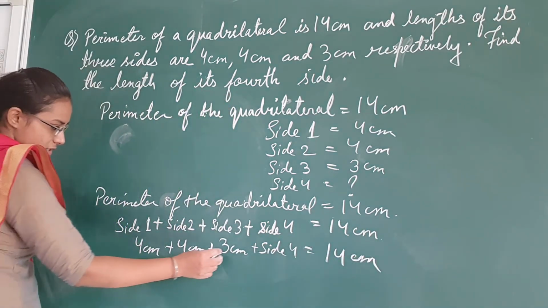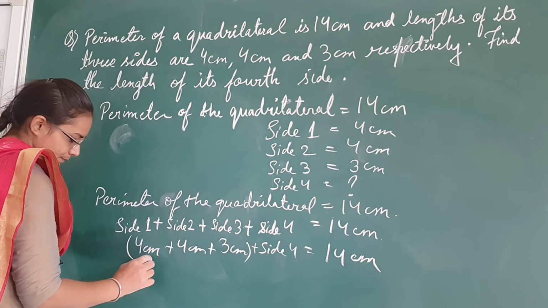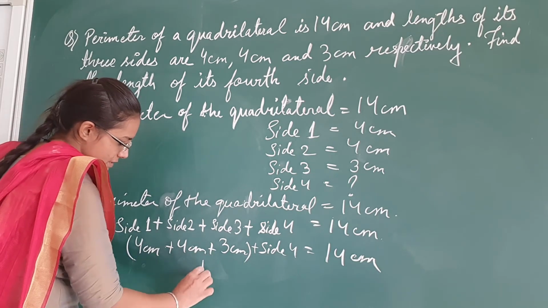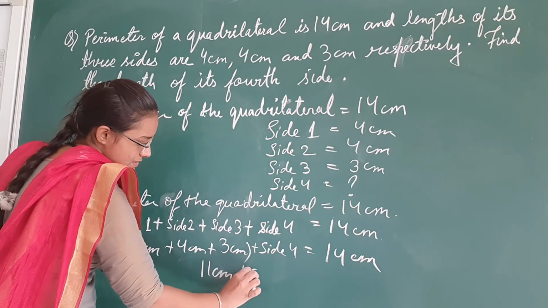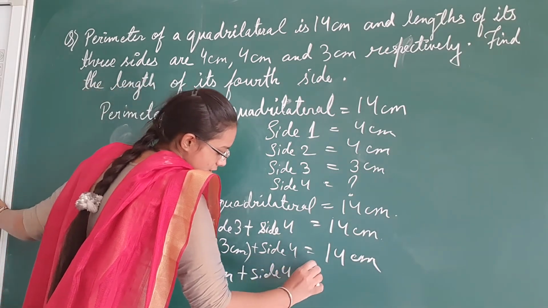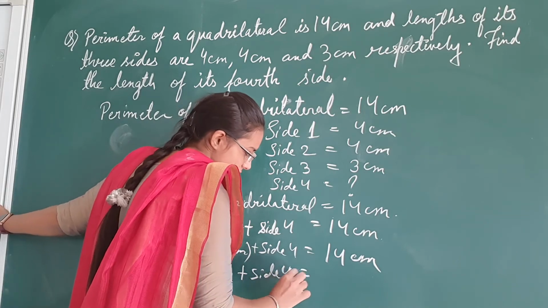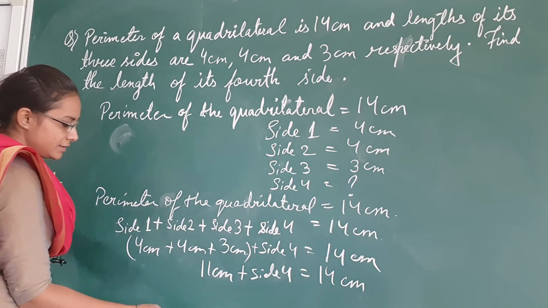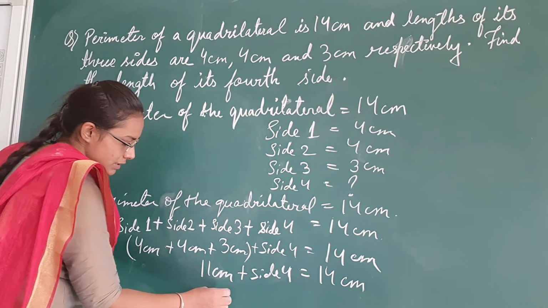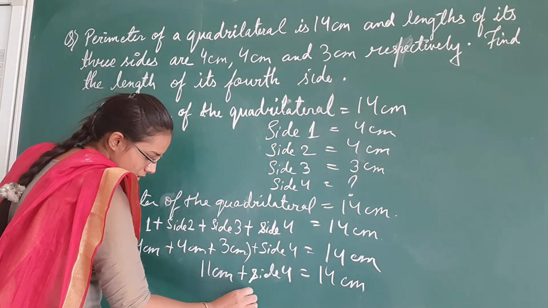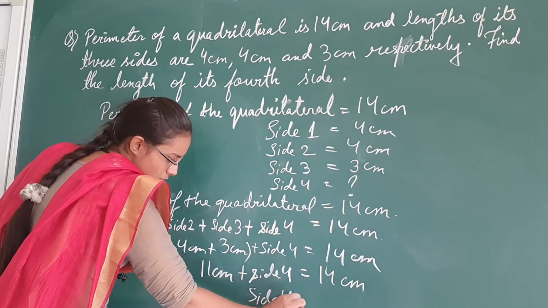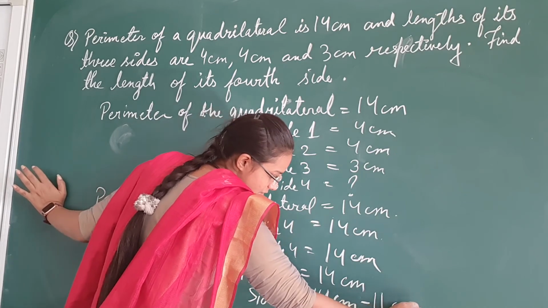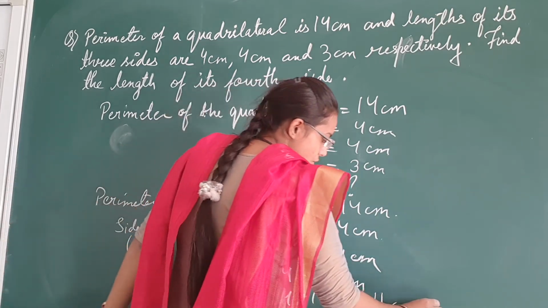So this 3 we are going to add here. 4, 8, 9, 10, 11 centimeter plus side 4 is equal to 14 centimeter. This is the perimeter given, the perimeter of a quadrilateral. So here side 4 is equal to 14 centimeter minus 11 centimeter. So that is equal to 3.